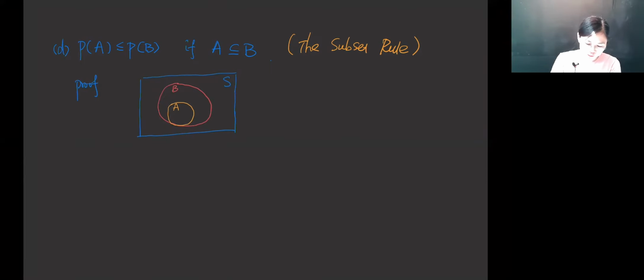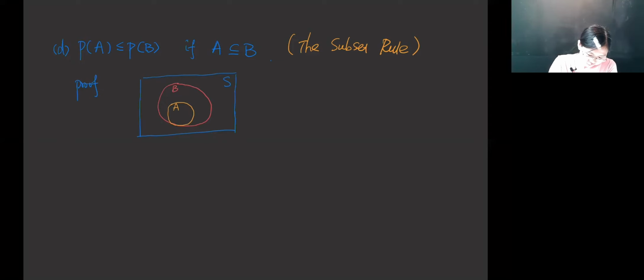This is the Venn diagram that shows the relationship between the sets. As you can see, A is a subset of B. In the Venn diagram, it's represented by A being completely inside B.